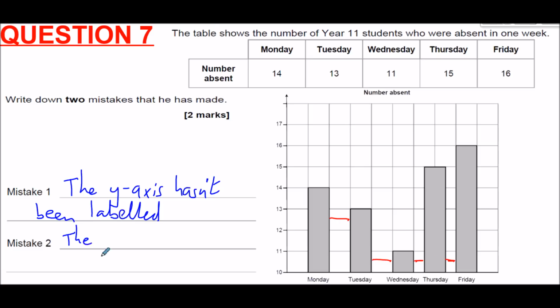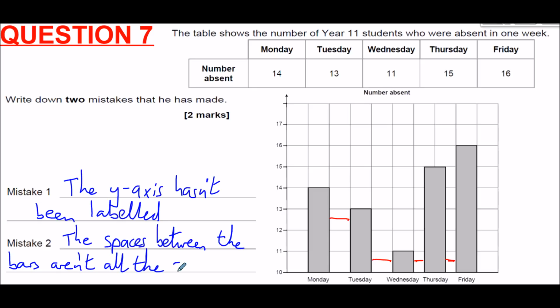So the spaces between the bars aren't all the same, or words to that effect. They should be, if it's a decent enough bar chart. So those are the 2 mistakes I would be personally mentioning.